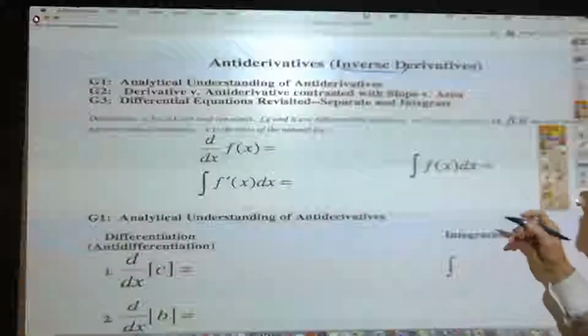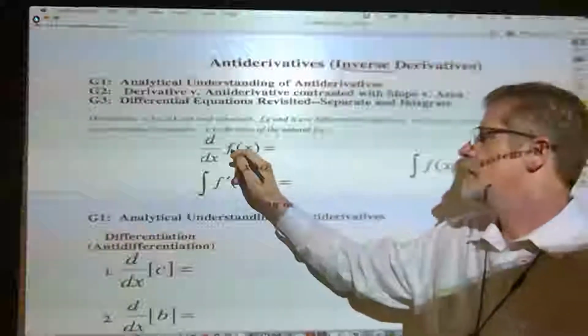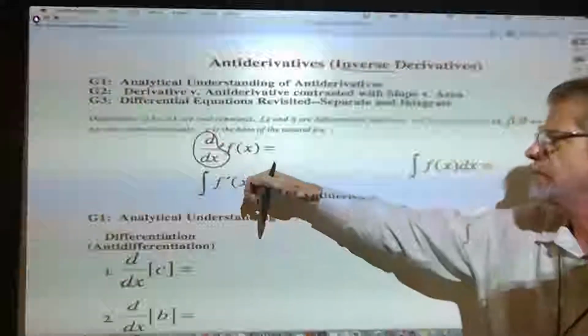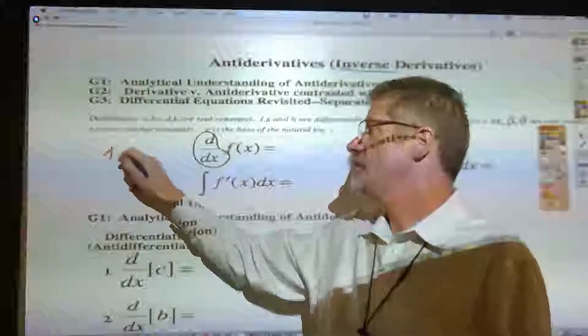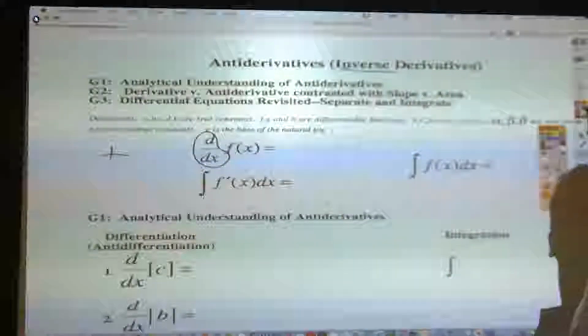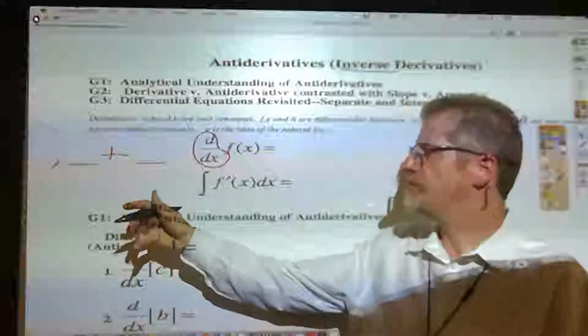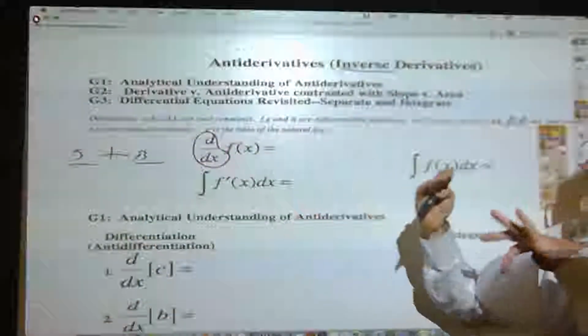So, first of all, let's look at the shapes of these operators. The derivative operator is commonly referred to in this class as a lima bean shape. Not all operators have a lima bean shape. You're used to operators that look like a plus sign, where there are two inputs, 5 plus 3, and the operation is to add them together.